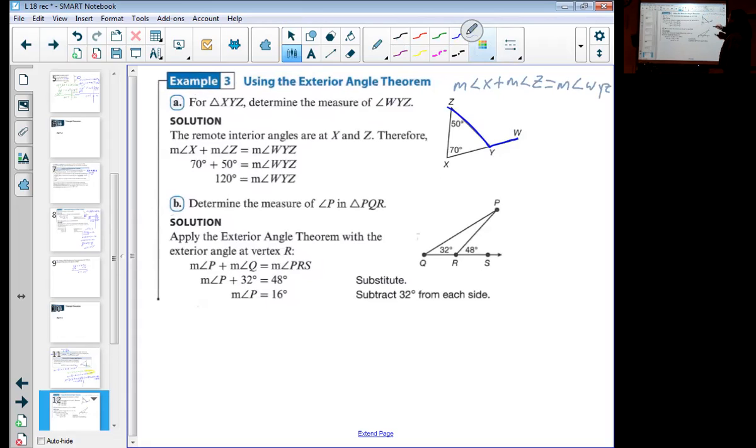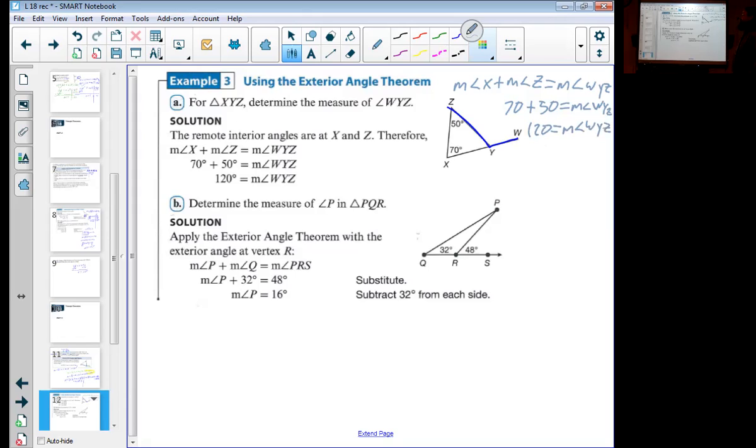We know the measure of angle X is 70, plus we know the measure of angle Z is 50, but we don't know the measure of angle WYZ. 70 plus 50 is 120. That is equal to the measure of angle WYZ.